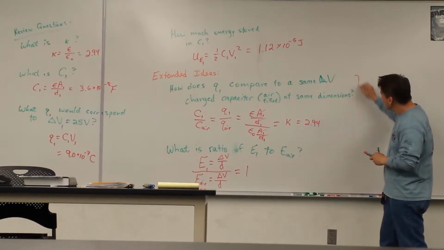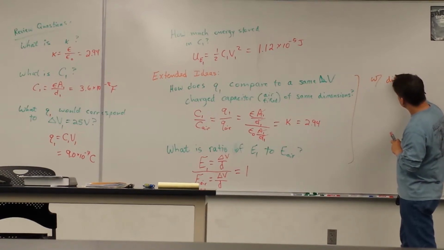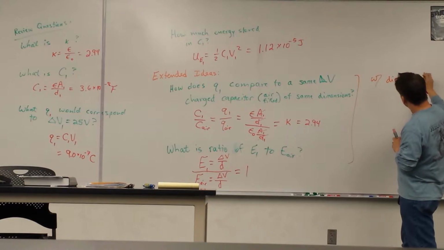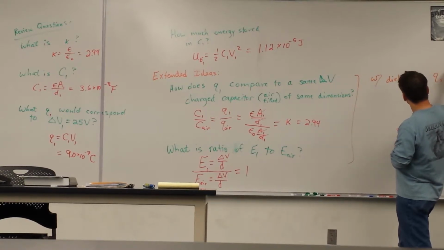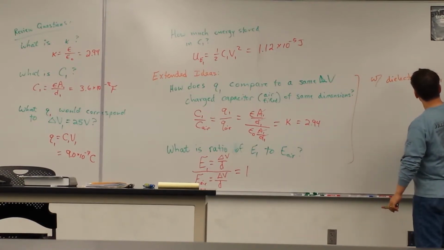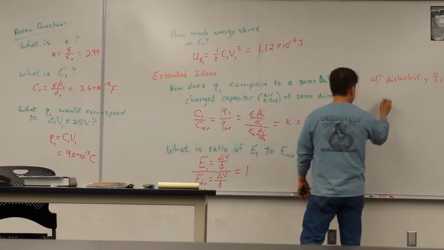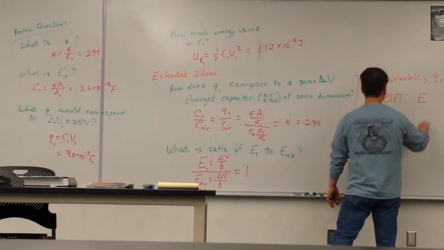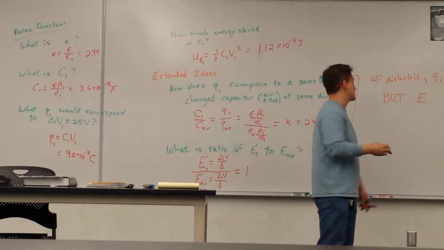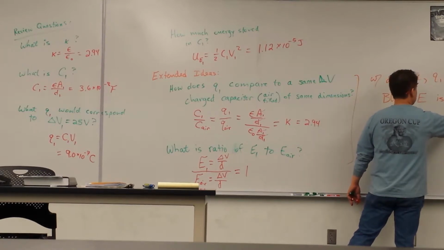So, when you have a dielectric, the charge Q is greater than what it would be if it were hollow or filled with air. But the magnitude of the electric field between the plates is the same.